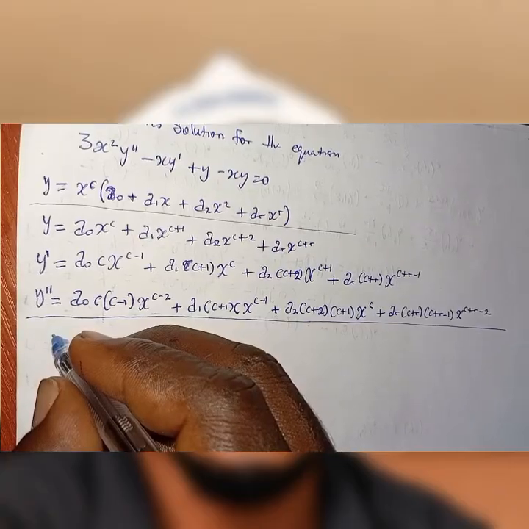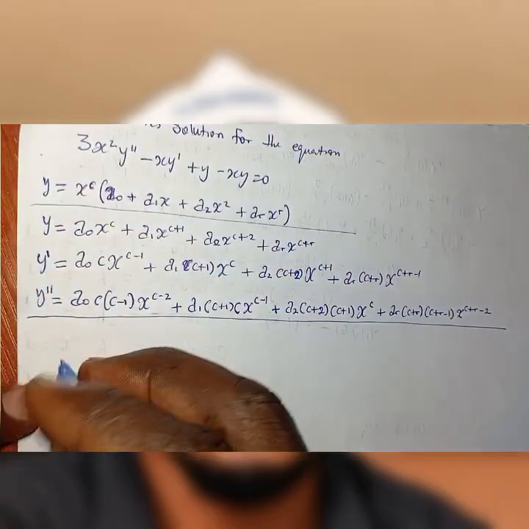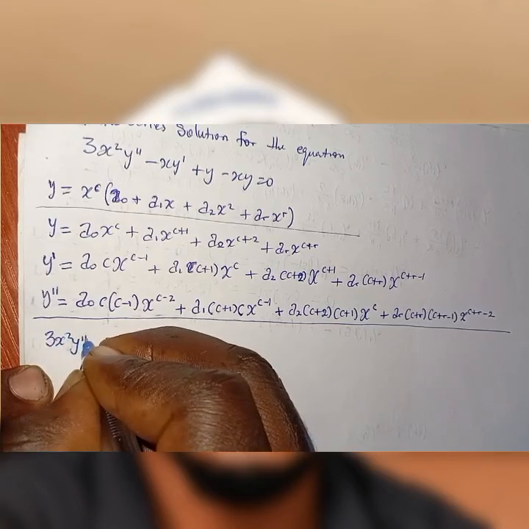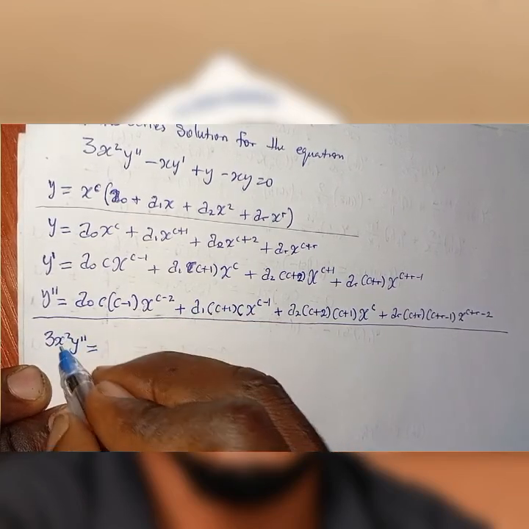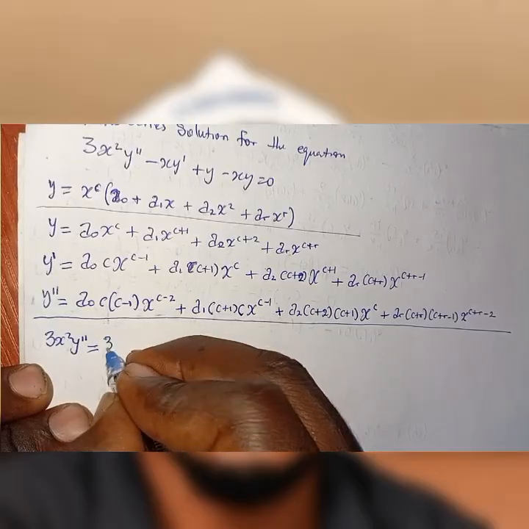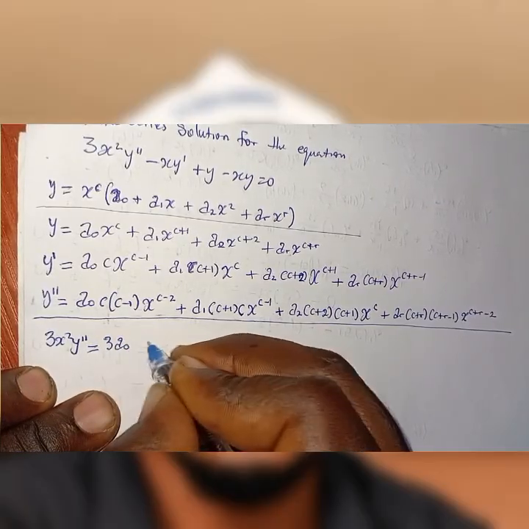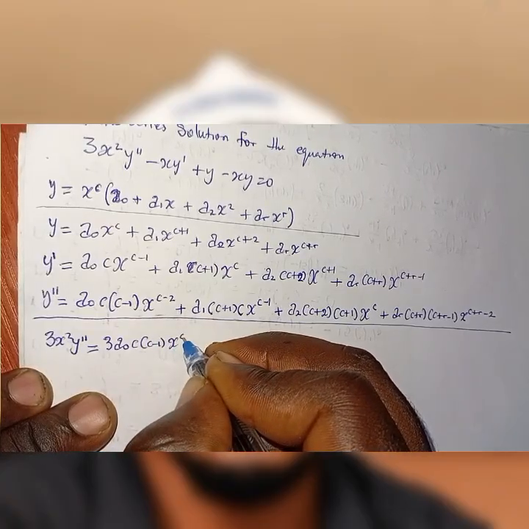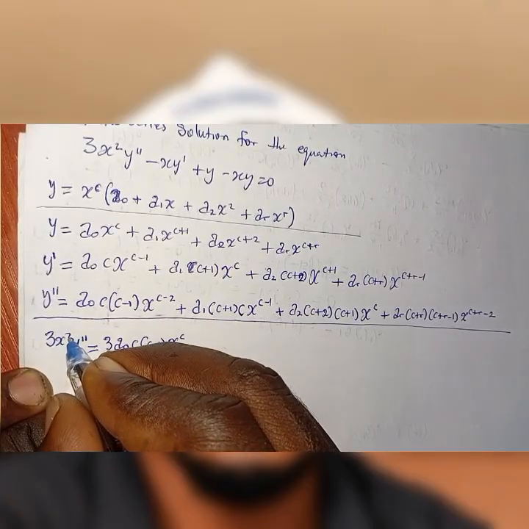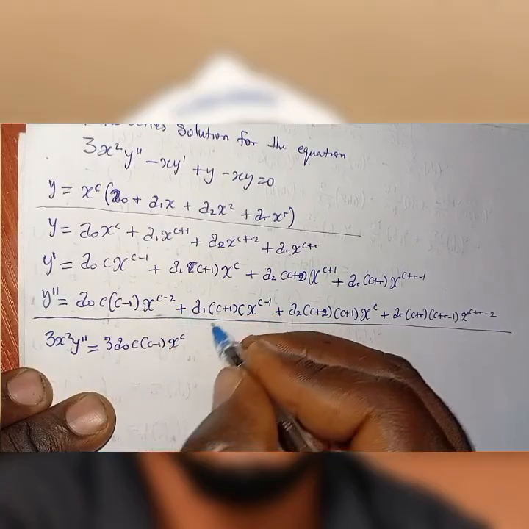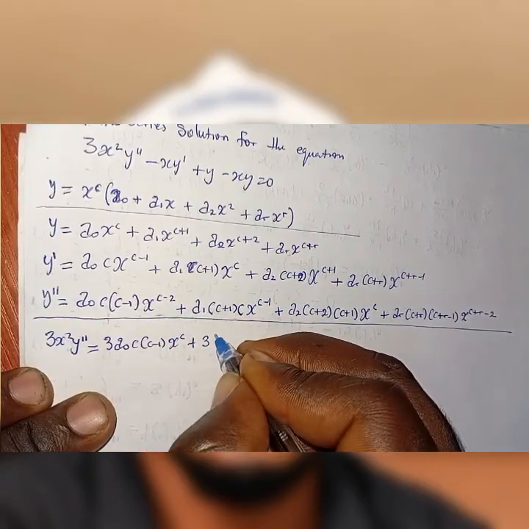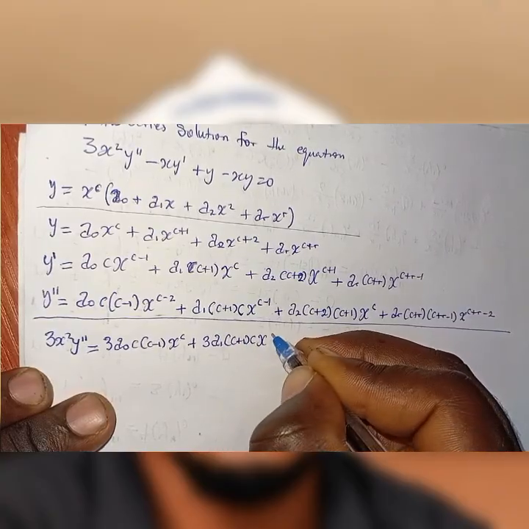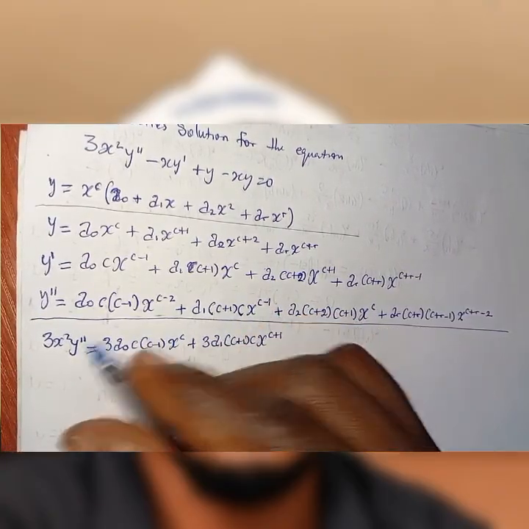Now we need to substitute this into this. Now we have 3 x squared y prime prime, which means that we have to multiply everything by 3x squared. So we have 3 A naught c (c minus 1) x raised power c only, because this is raised power 2, 2 minus 2 plus 2 is 0. So we have 3 A1 (c plus 1) c x raised power c plus 1 minus 1 plus 2.